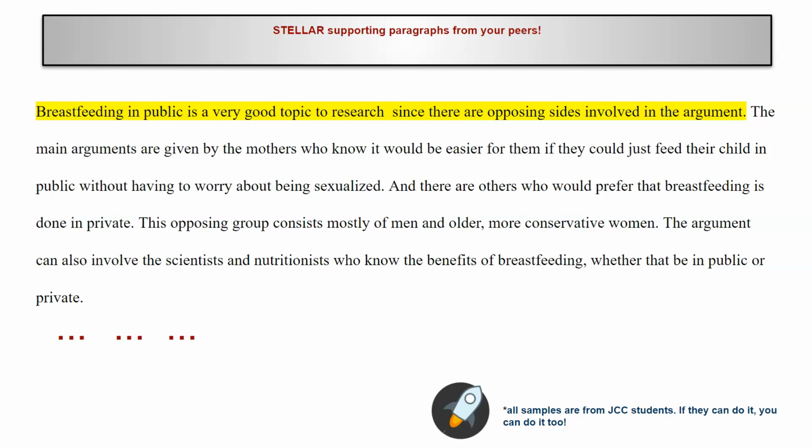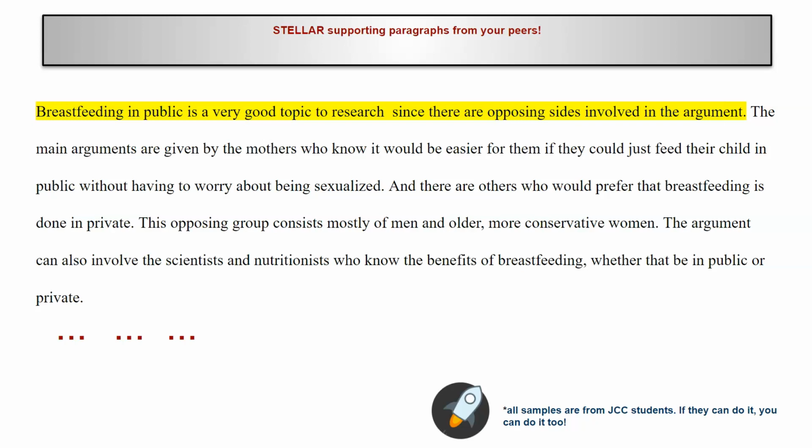Breastfeeding in public is a very good topic to research since there are opposing sides involved in the argument. The main arguments are given by the mothers, who would know it would be easier for them if they could just feed their child in public without having to worry about being sexualized. And there are others who would prefer that breastfeeding is done in private. This opposing group consists mostly of men and older or more conservative women.